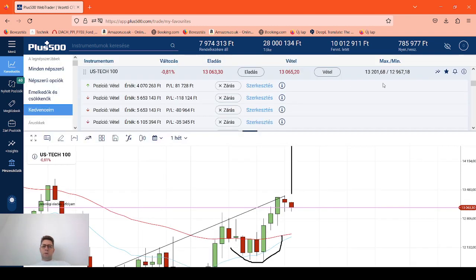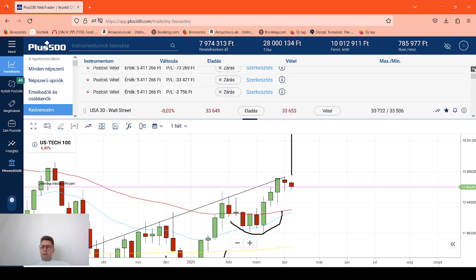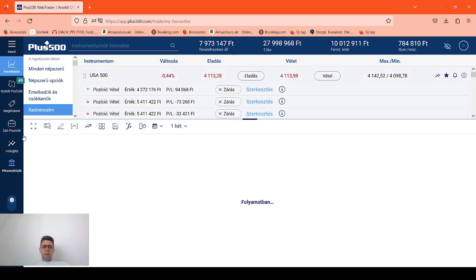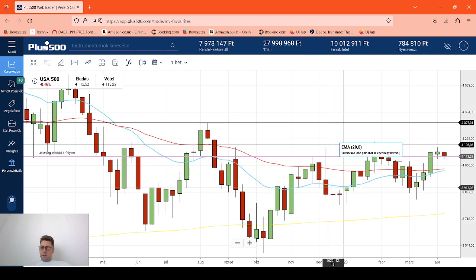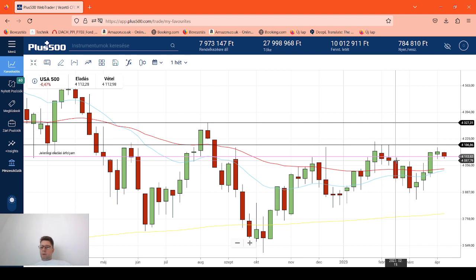All right, let's go over to S&P 500 and look at the weekly chart. Let me see what we have here. I don't see any special pattern. 4185 is resistance.